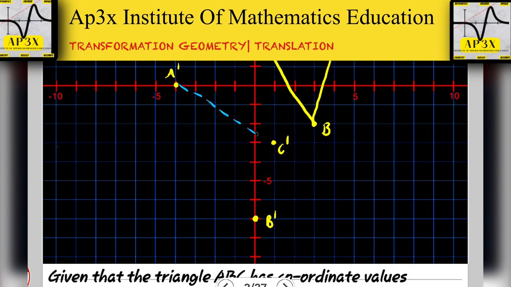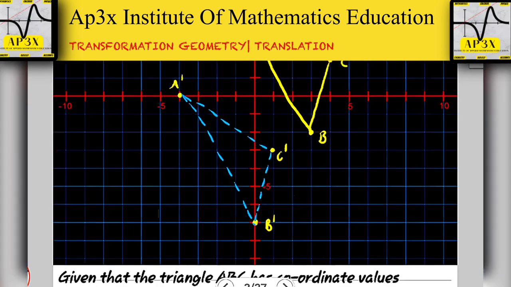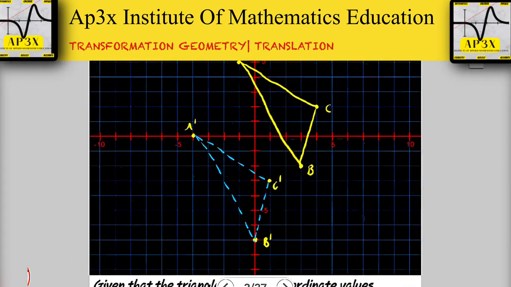It's a little lean. I'm not using a ruler, but you guys should be using a ruler. Connect C prime here to B prime, and then finally here I'm going to connect A prime to B prime.